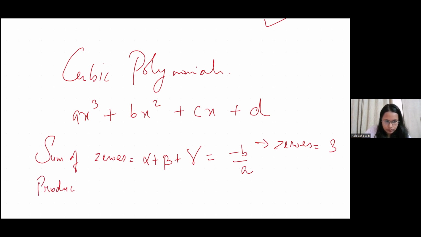Product of zeros is equal to alpha times beta times gamma, which is equal to d over a.